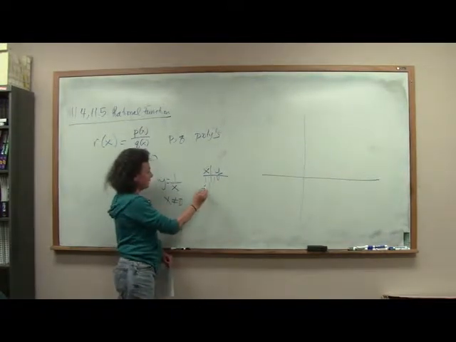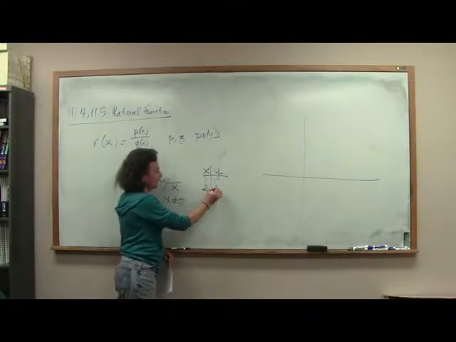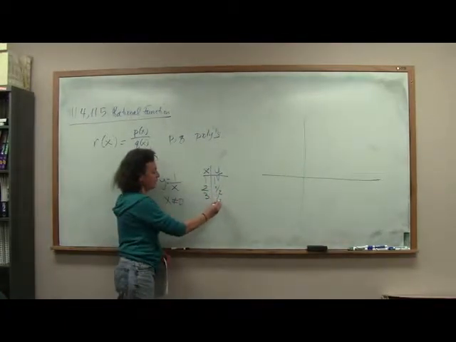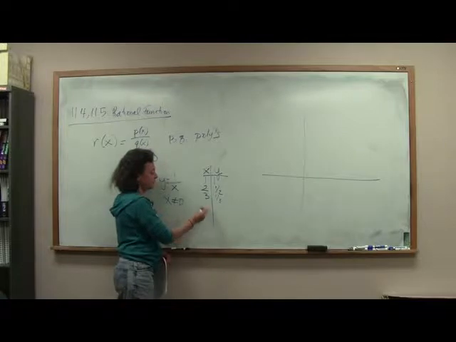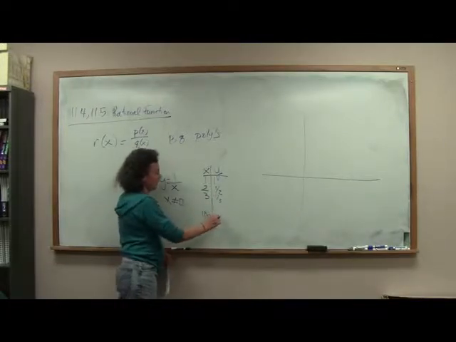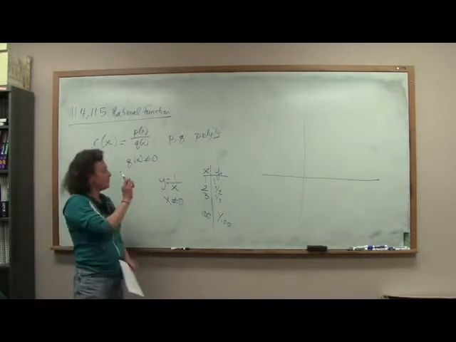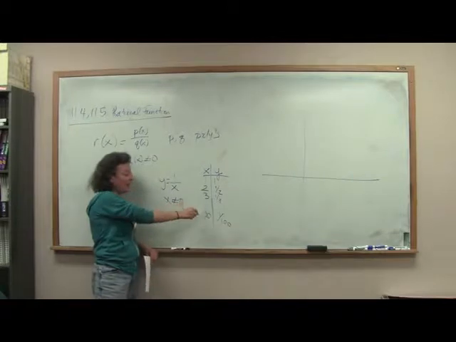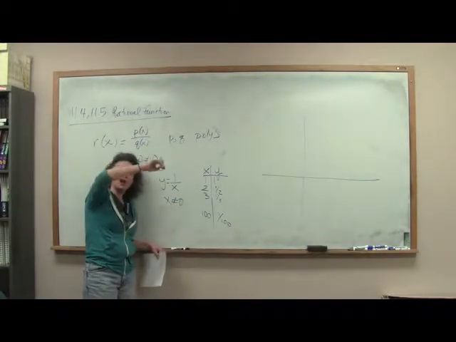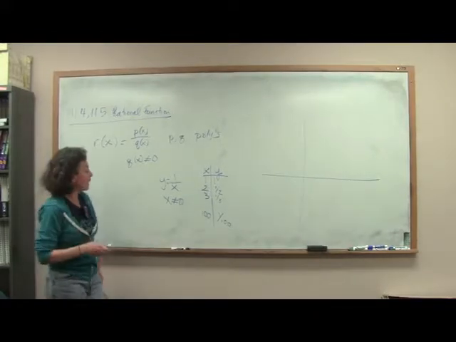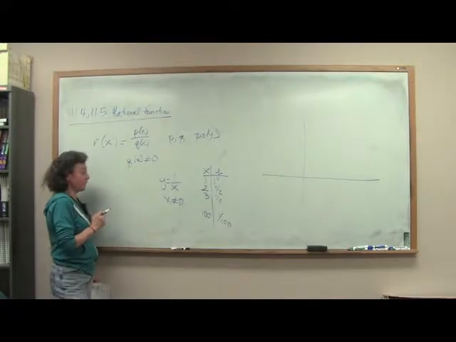If I plug in x equals 2, I have 1/2. If I plug in x equals 3, I have 1/3. I could go all the way to plug in 100, and my function value would be 1/100th. Do you see how, as our x values are getting large, our function values are getting closer and closer to 0? That's one comment I would like to make.